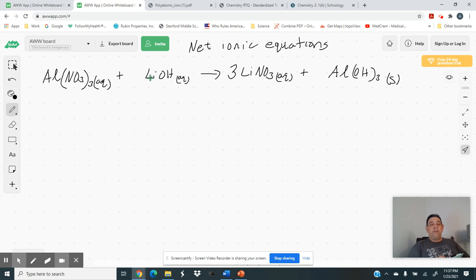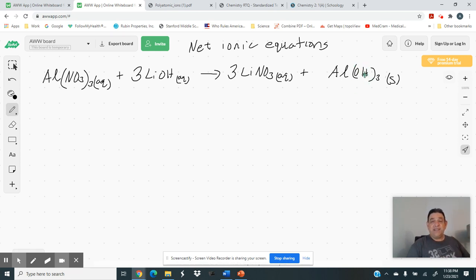Now I've got 1 lithium here, and 3 lithiums over here, so I need to put a 3 in front of here to balance out the lithiums. And when I do, it also gives me 3 hydroxides. On this side, I have 3 hydroxides. Once again, the parentheses tell me there's a polyatomic ion.